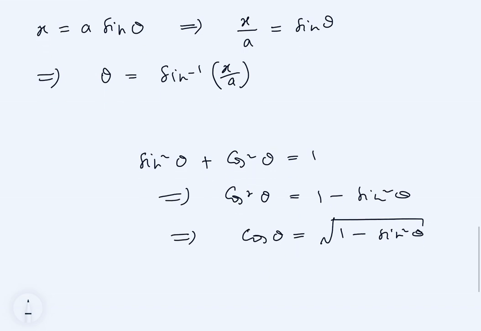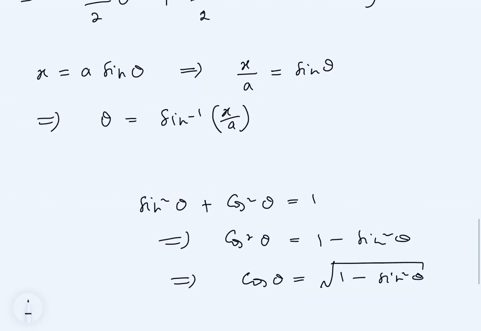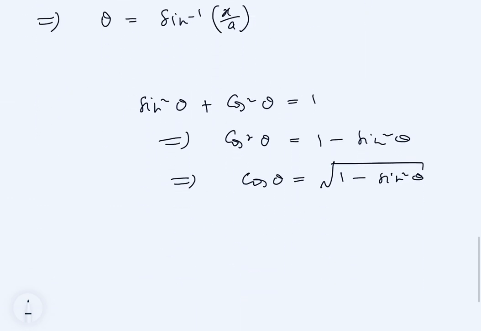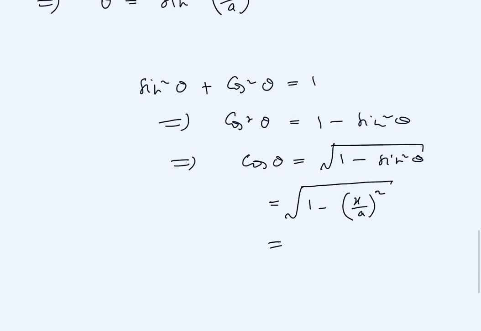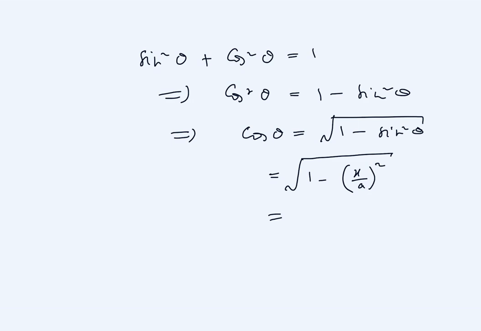So all we have to do now to write cos theta in terms of x is replace sine theta with x over a. So this is equal to the square root of 1 minus, in place of sine theta, we put x over a, and that's going to be squared. And you can rewrite this. It's the same thing as the square root of a squared minus x squared, over a squared.